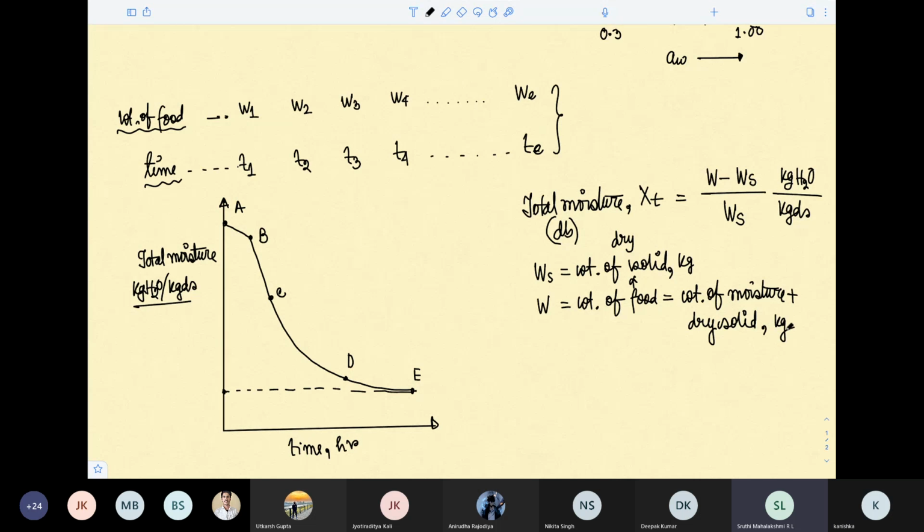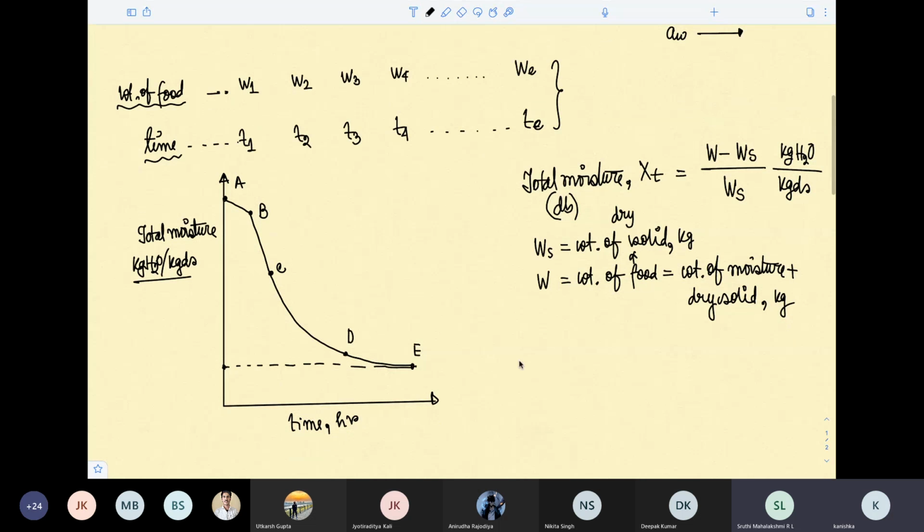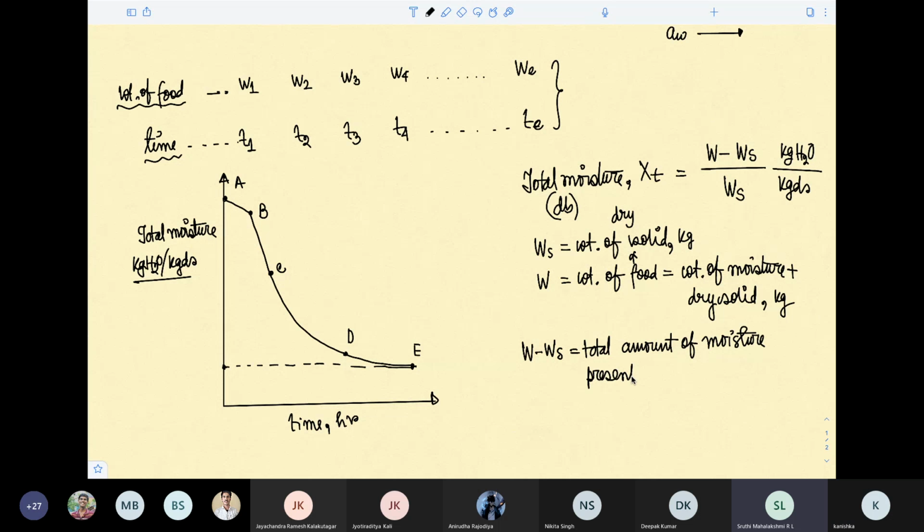So W minus WS, what does it give us? The total amount of moisture present in food, in kg.